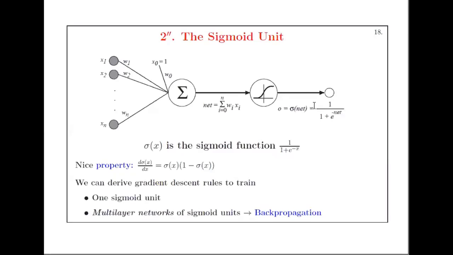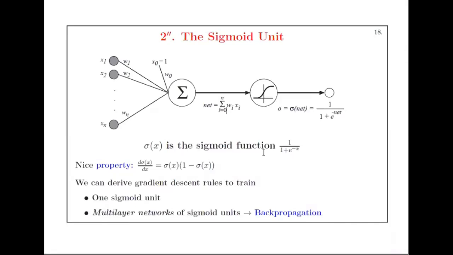Is it clear? There the output was either 1 or minus 1, only two outputs. Here the output is a real value. You may get many values, 0.1, 0.5, 0.23, anything. So the output is a function of the input. Whatever output we are getting is nothing but a function of the input.